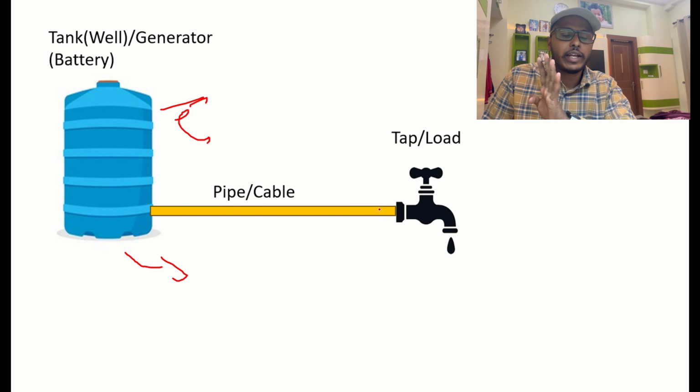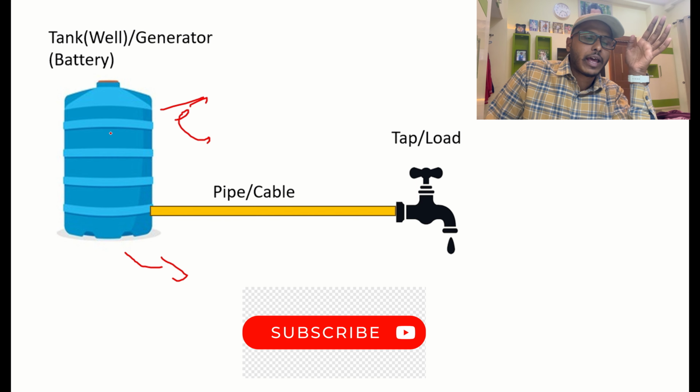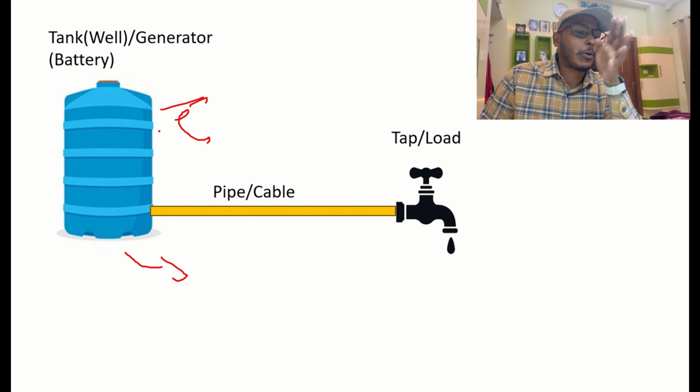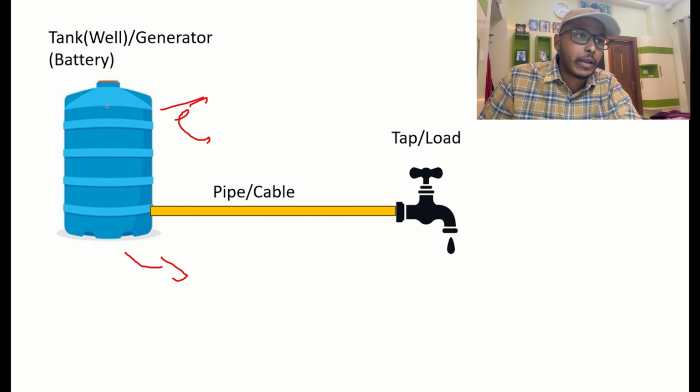Why is it flowing? It's a basic law: water will flow from a higher level to a lower level, or in our terms, from a higher potential to a lower potential. The same thing is happening. Whenever the water level is high at the tank or generator, the electrons start flowing through the cable.